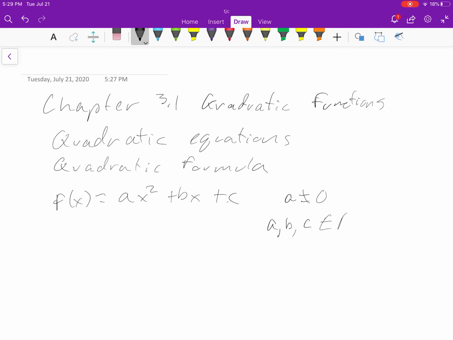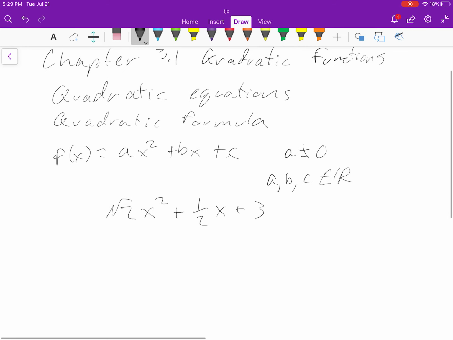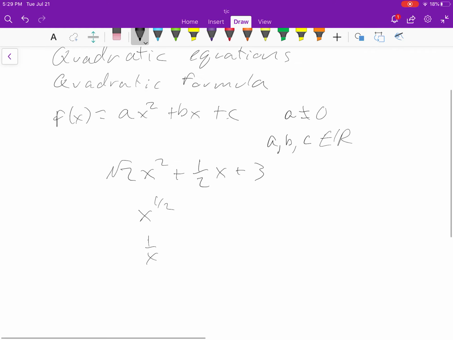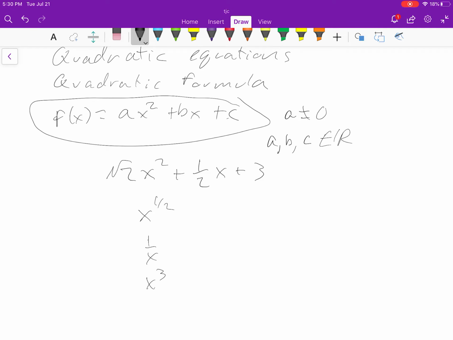Now, what is not a quadratic function is if you had something like this or something like this or some different power, etc. Those would not be, but this is, so it's a quadratic function. It's any function that can be written like this.